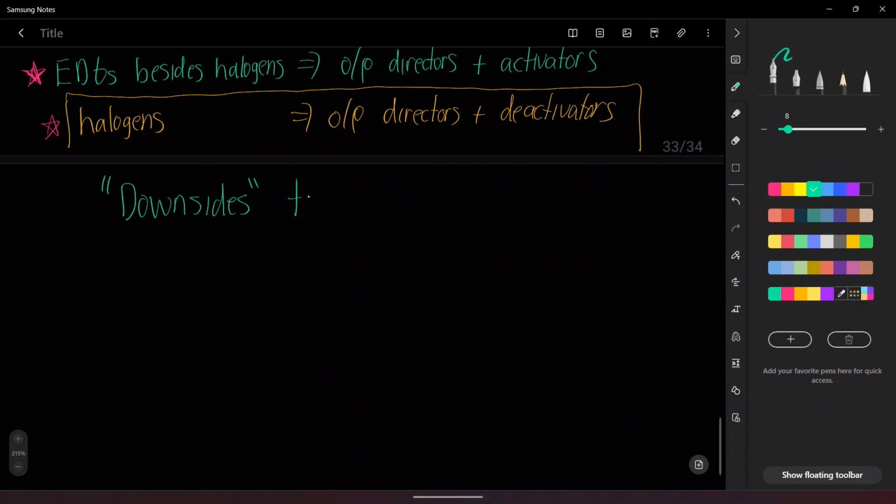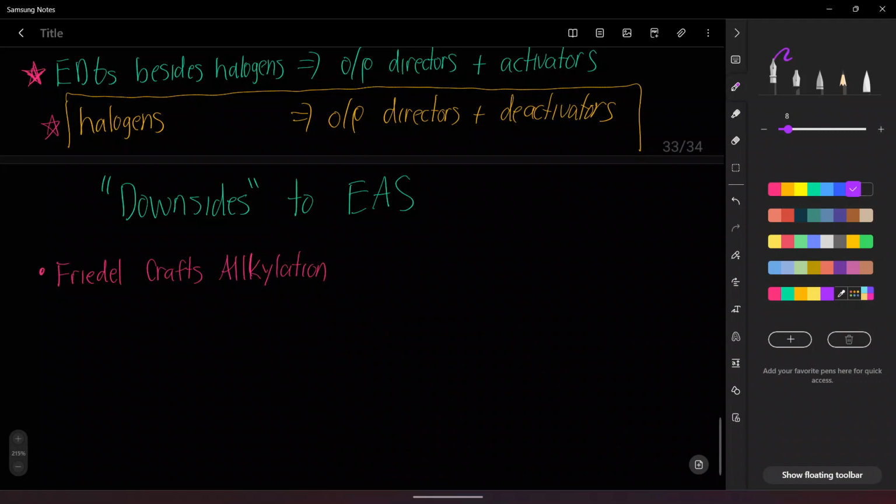So there's a couple downsides to EAS reactions, and specifically specific types of EAS reactions. But let's talk about them. So a lot of downsides happen when you're trying to do Friedel-Crafts alkylation. Okay. But all of these are fixable.